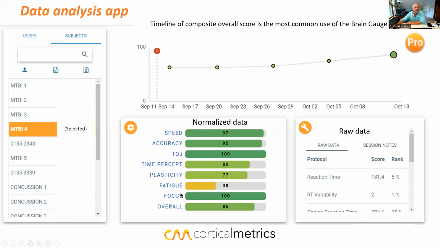That's really interesting. They do much better on the score with their meds than they do without. Obviously, any kind of distraction, any kind of multitasking will make you worse at the score. And again, the overall score, that basically is a composite of all these other scores. So that's basically it.